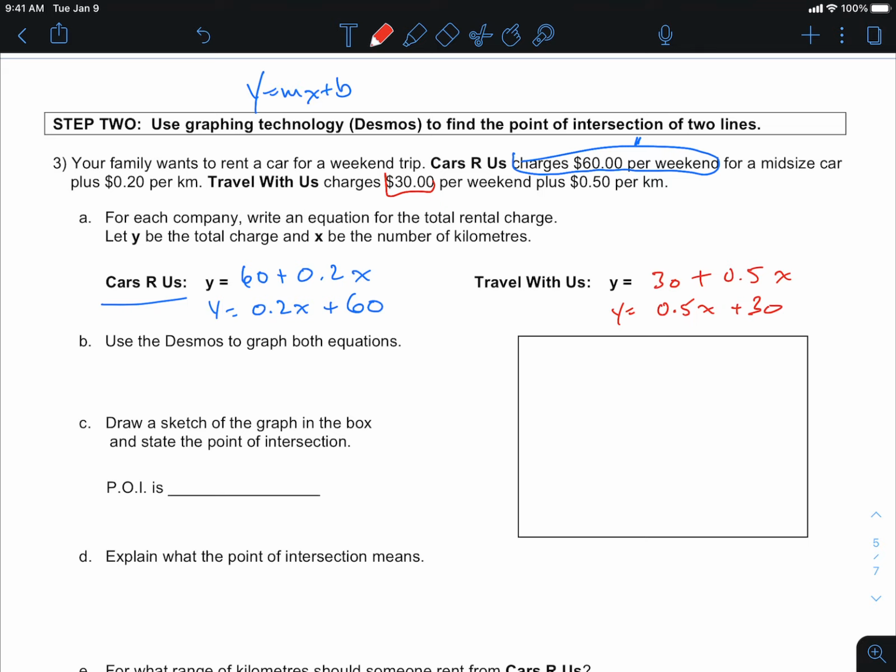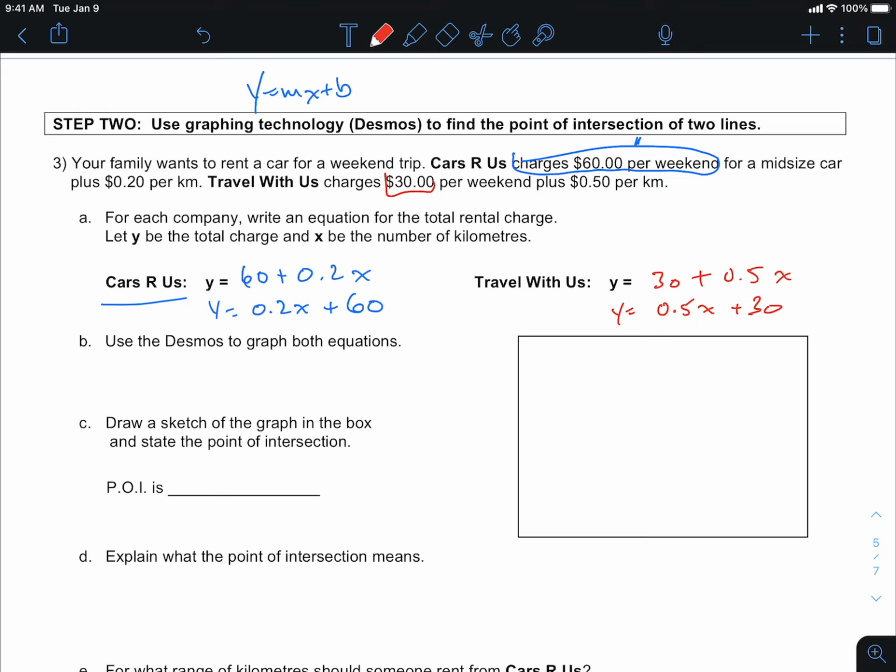Now we have our two equations. Hopefully everybody had those equations. We can go back to Desmos and type in our two equations. Here's Cars R Us, y equals 0.2x plus 60.